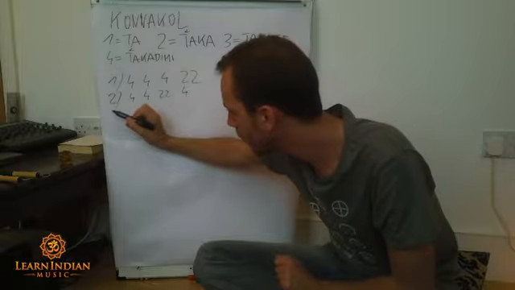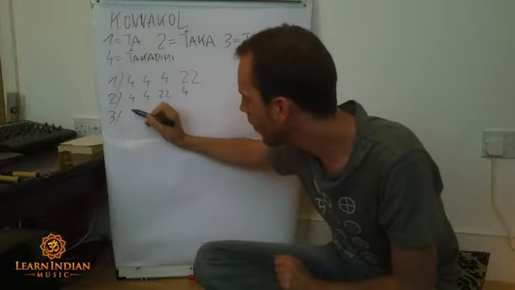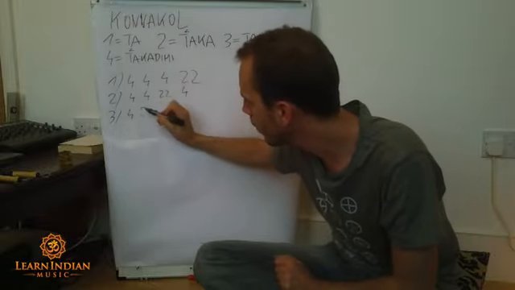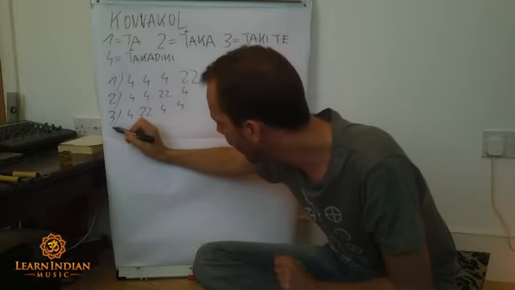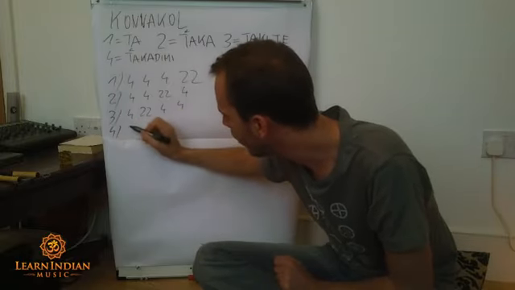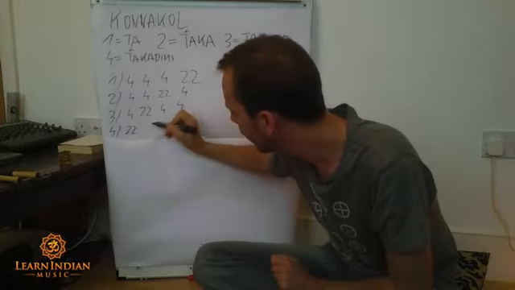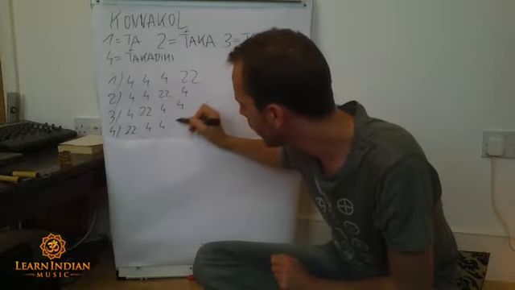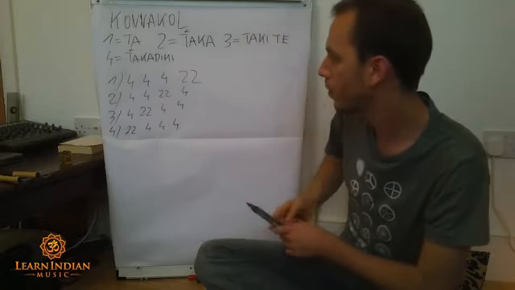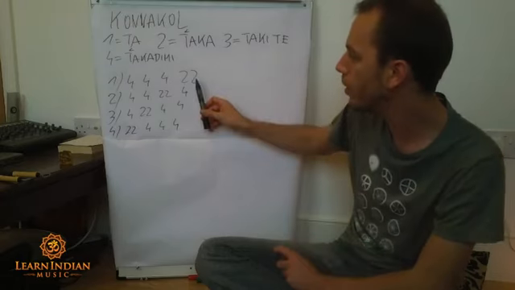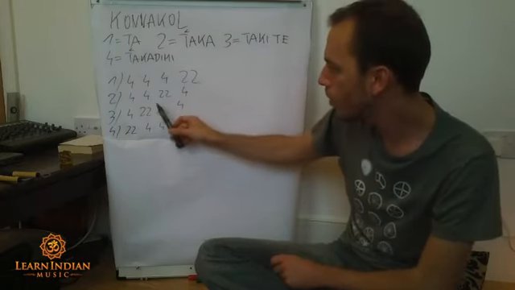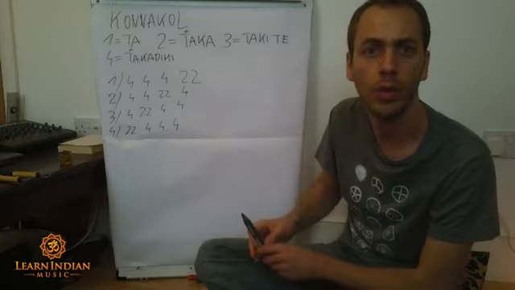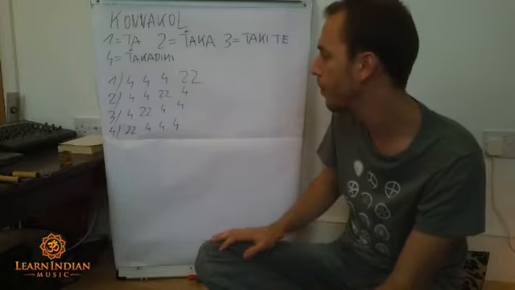Number 3. And number 4. So you see the pattern. The twos are moving towards the beginning of the bar.